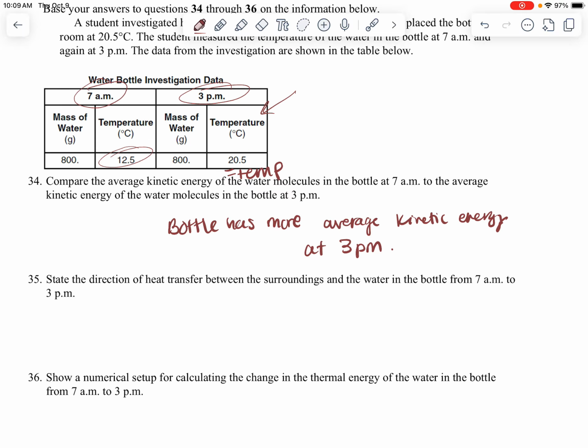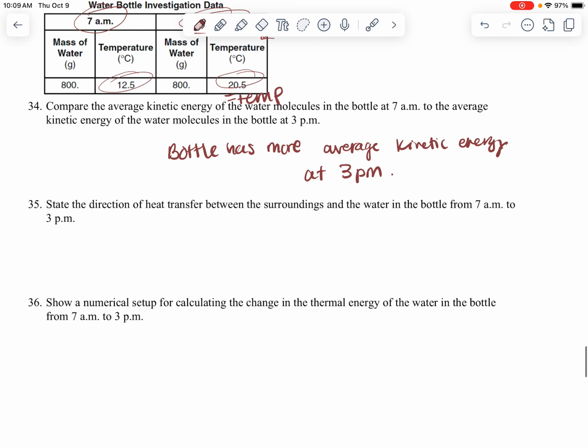It went from 12.5 to 20.5, so it must have absorbed energy. So energy transferred from surroundings to water.